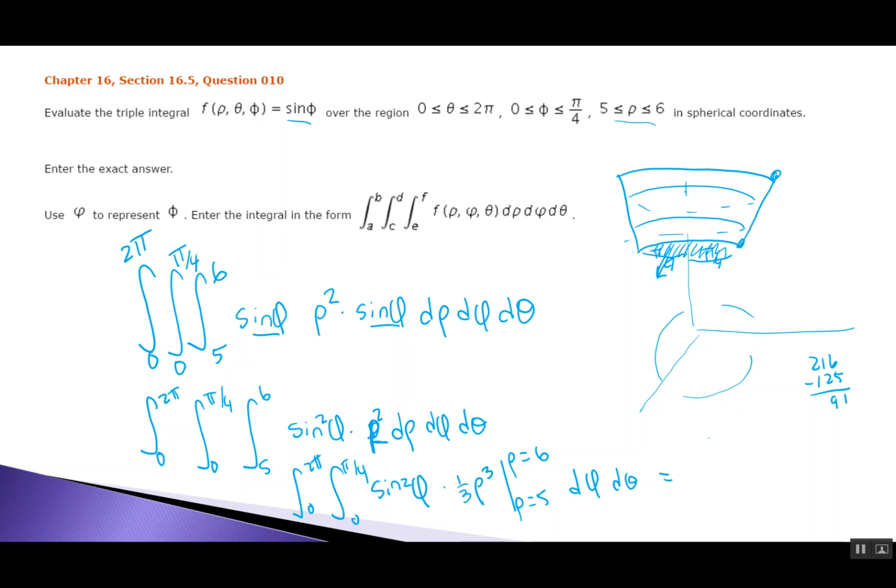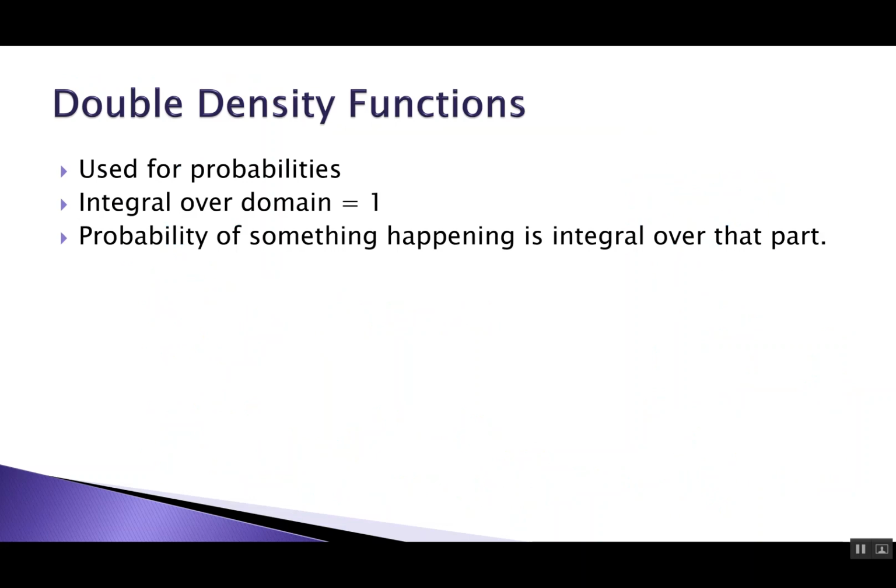So this is going to be 91/3 sine squared phi. Excuse me, I keep saying that. d phi, d theta, 0 to pi over 4, and 0 to 2 pi. So 91/3 sine squared phi d theta.